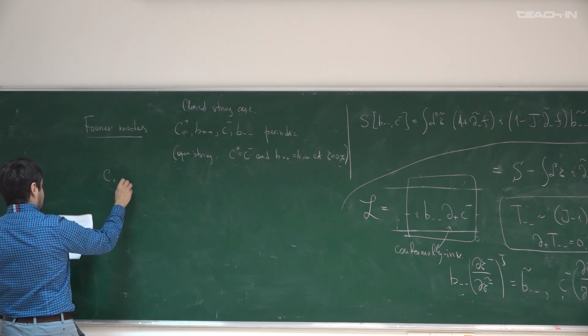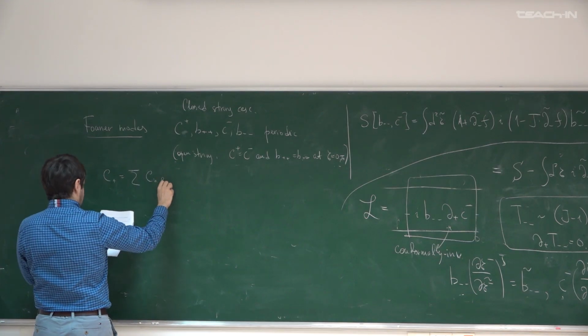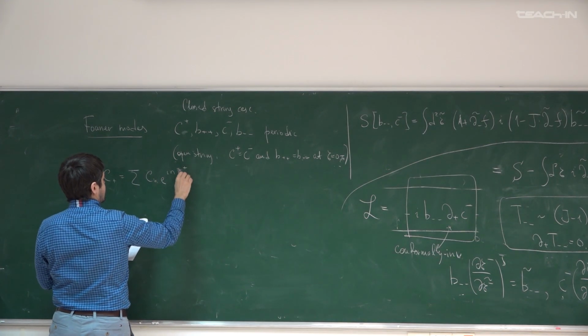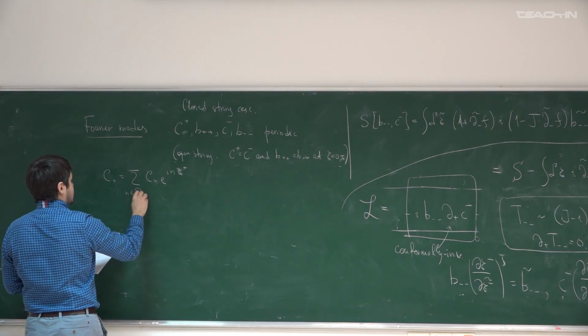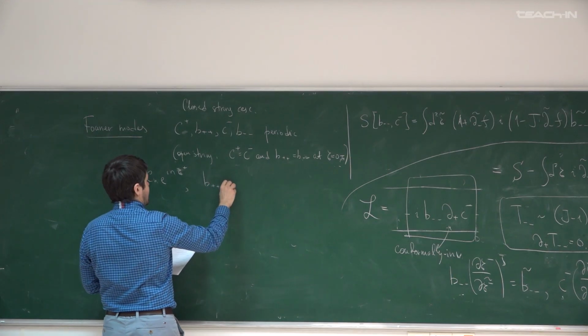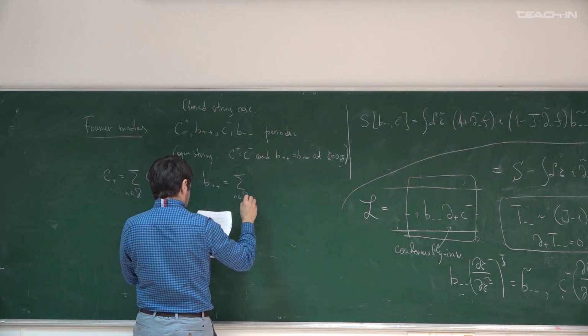So C plus is, for example, Cn e to the i n sigma plus, and B plus plus is Bn.